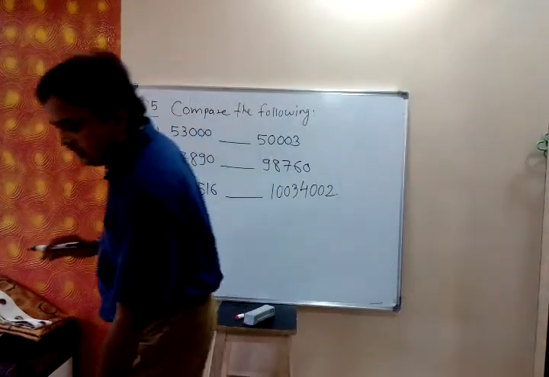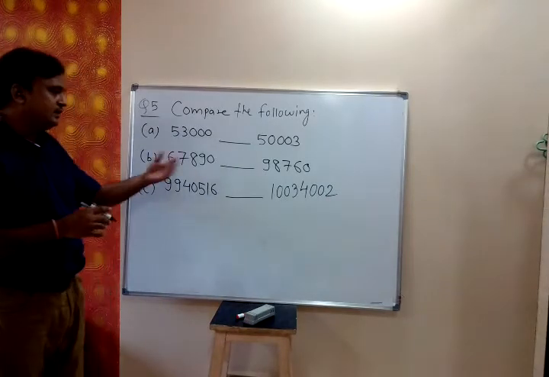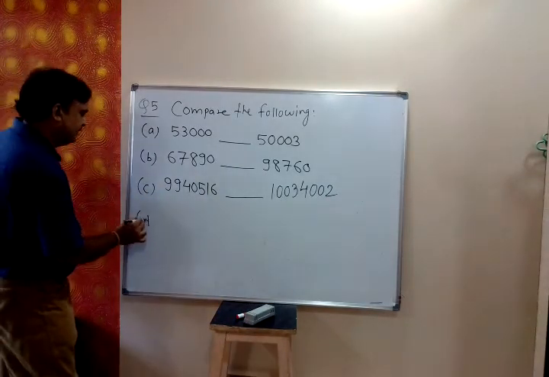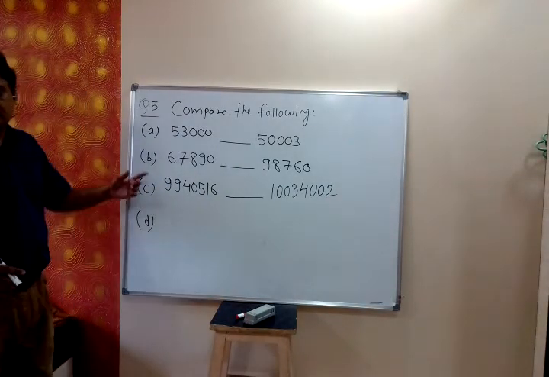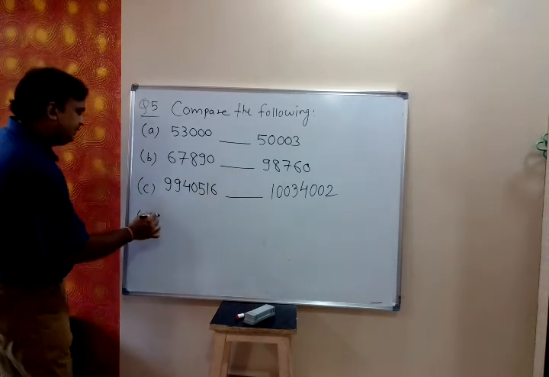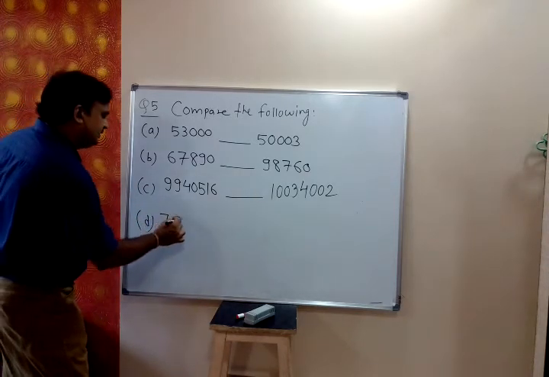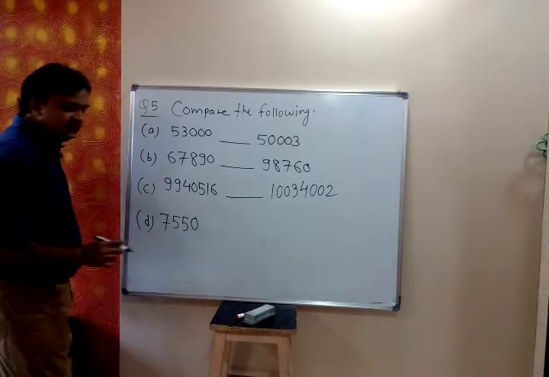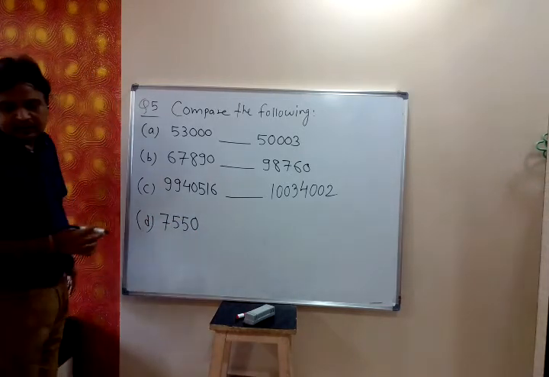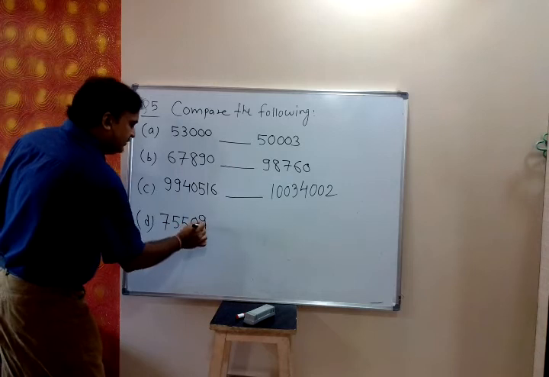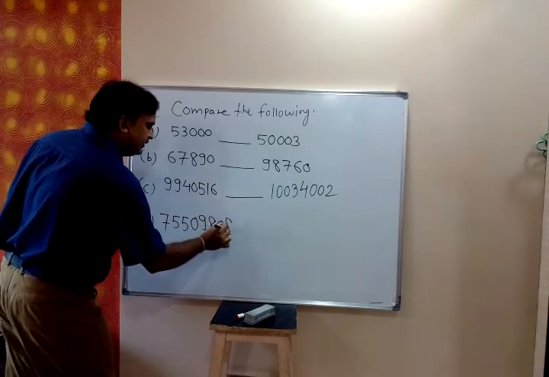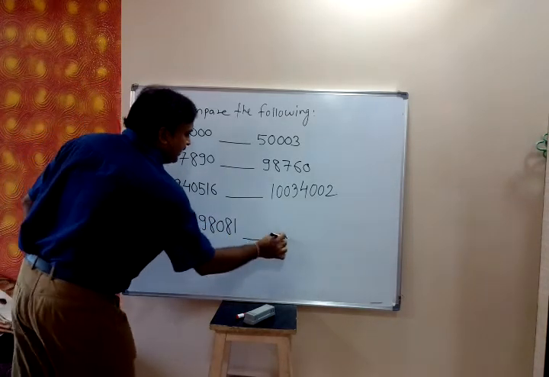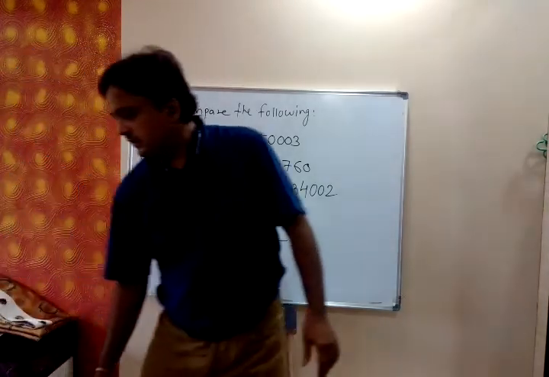Wait. There is question number 5. Let me first discuss. No homework will be there in this. Then 7550. Yes, 7550. 98081.